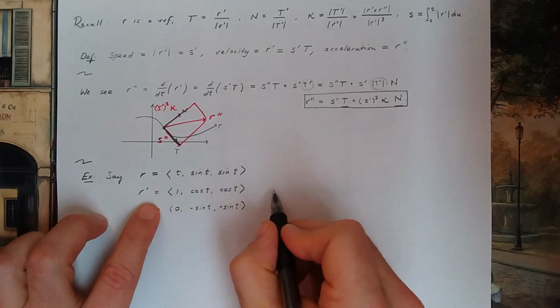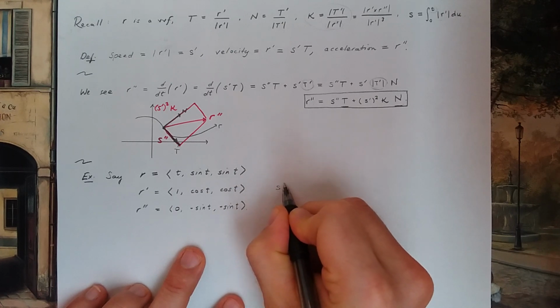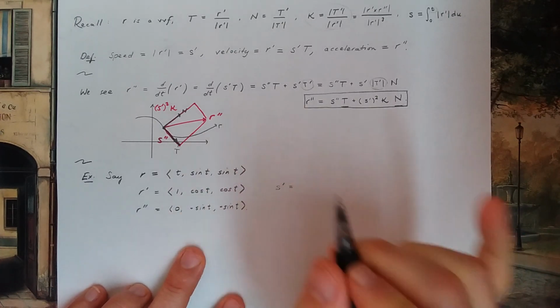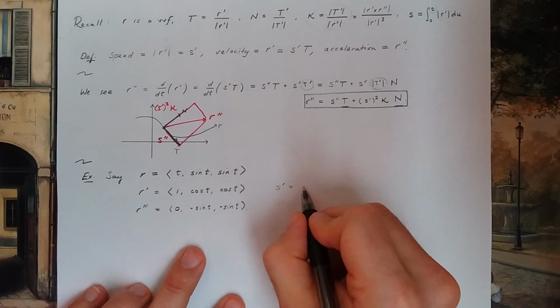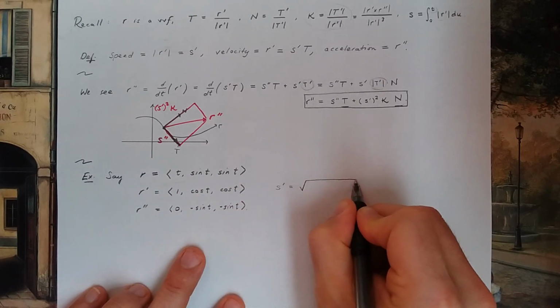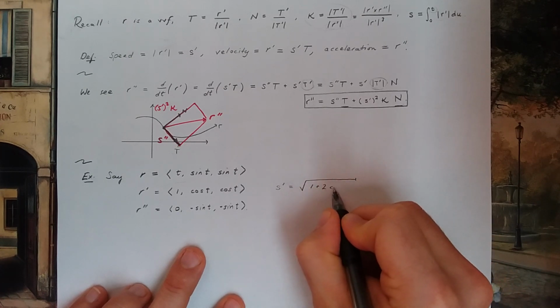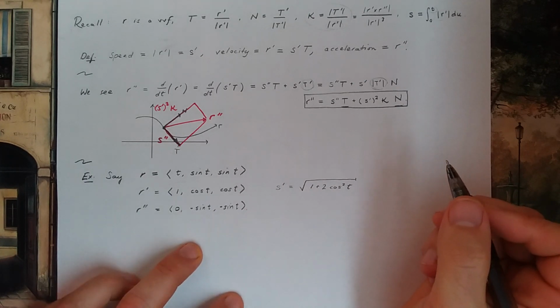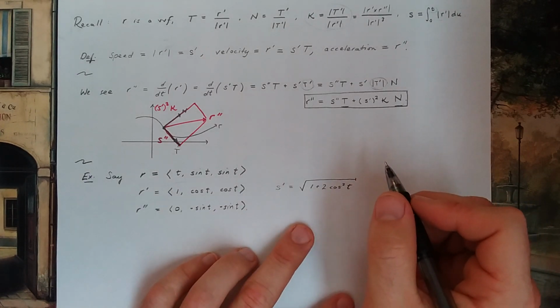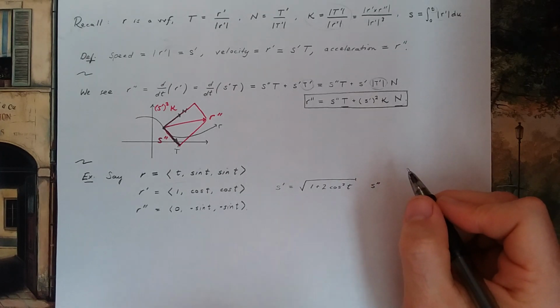So from this second line, the speed, s prime, is the magnitude of the velocity. So this would be the square root of 1 plus 2 cosine squared t. I can take the derivative of that and get s double prime.